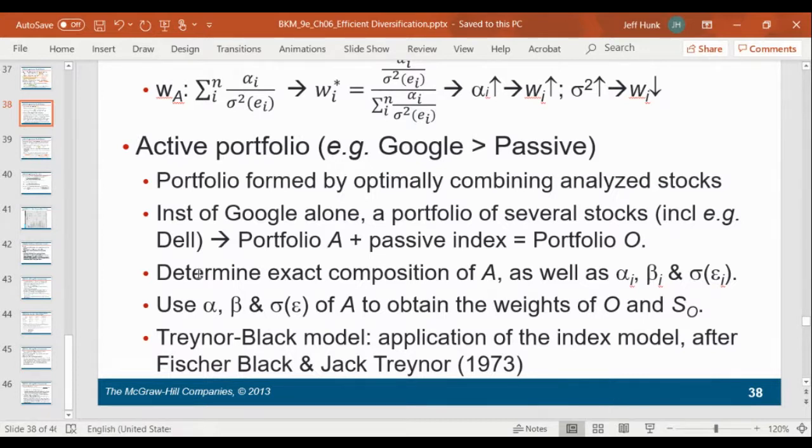And then, once we have determined that, we use alpha, beta, and standard errors of active portfolio to obtain the weights of optimal risky portfolio and Sharpe ratio of optimal risky portfolio. Okay? So this is what the Treynor-Black model does.